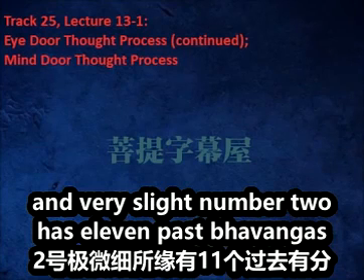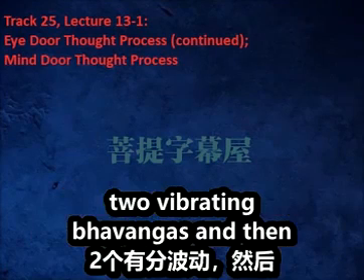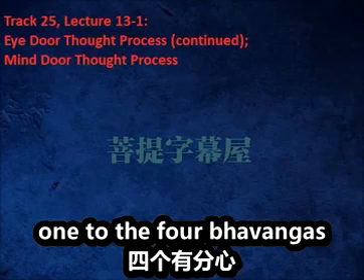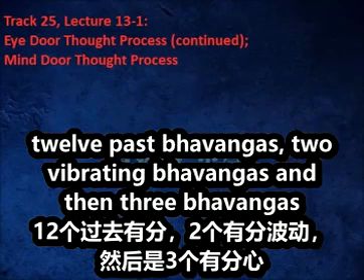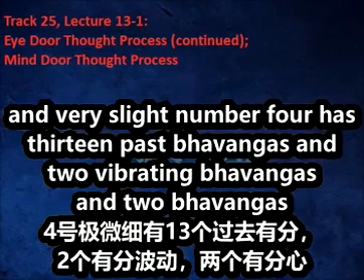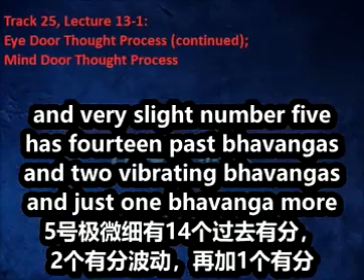Very slight number 2 has 11 past bhavangas, 2 vibrating bhavangas, and then 4 bhavangas. Very slight number 3 has 12 past bhavangas, 2 vibrating bhavangas, and then 3 bhavangas. And very slight number 4 has 13 past bhavangas, and then 2 vibrating bhavangas and 2 bhavangas.